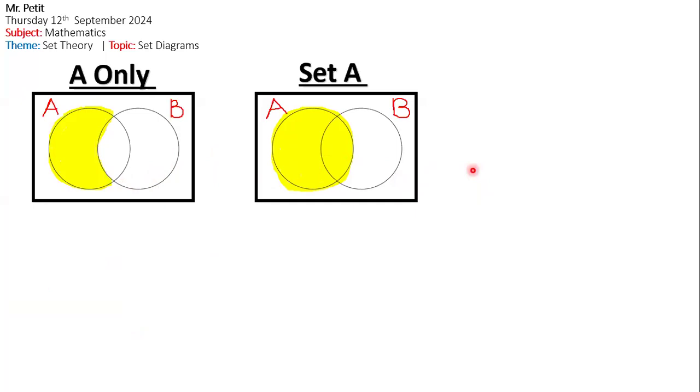Donika, do you understand the difference between the two? The difference is when asking for A only, you're only asking for A, and when you're asking for set A, you're asking for the intersection included. Very good. The rest of you all, y'all understand how I got A only and set A, right?